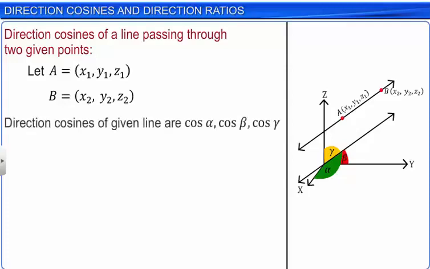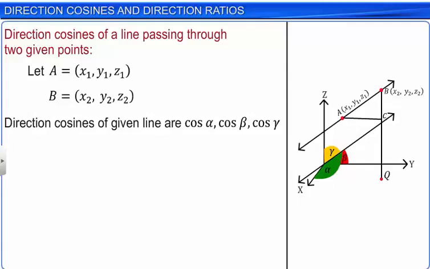Thus, the direction cosines of the given line are cos alpha, cos beta, and cos gamma. Draw a perpendicular BQ from point B to the xy plane. Now, draw a perpendicular AC from point A to BQ.